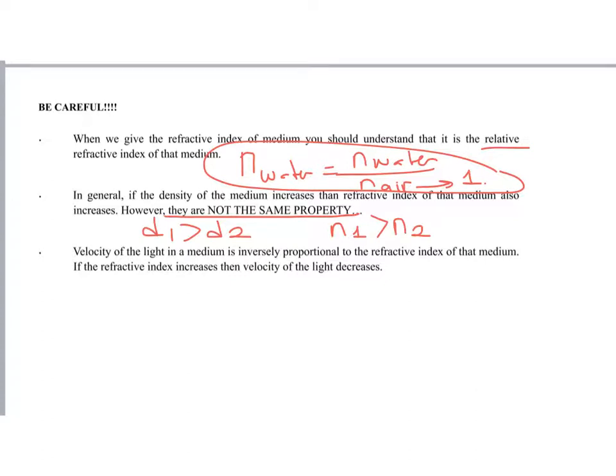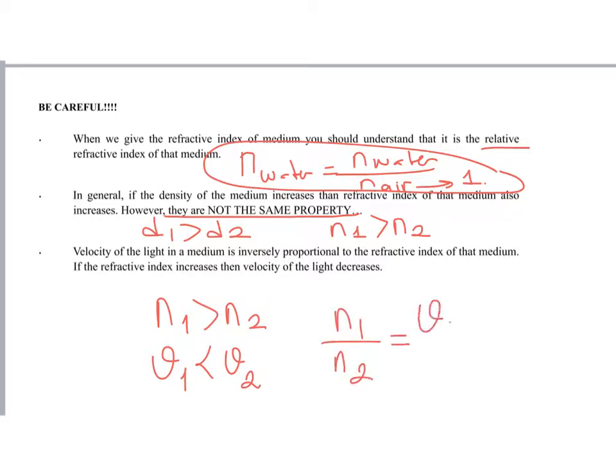The velocity of the light in a medium is inversely proportional to the refractive index of that medium. So if N1 is bigger than N2, then we know that the speed of light at that medium is smaller than the speed of light of the second medium. We have the ratio N1 over N2 is equal to V2 over V1.